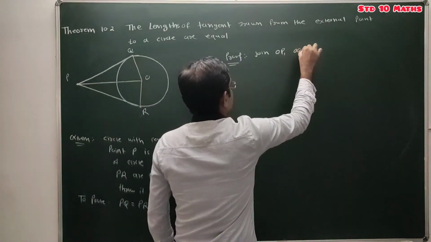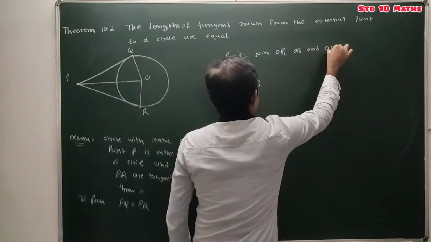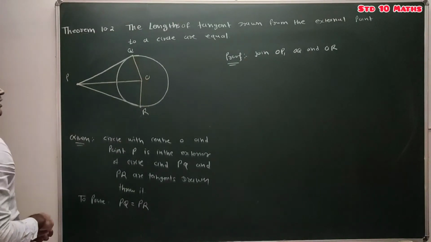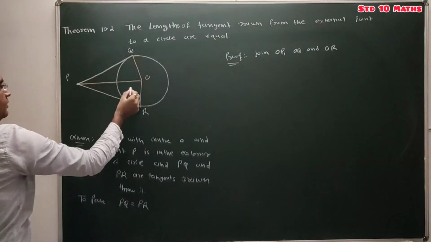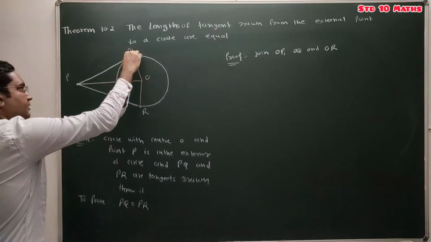Hence we are getting two triangles, two right angle triangles, triangle OQP and triangle ORP, because OQ is the radius.